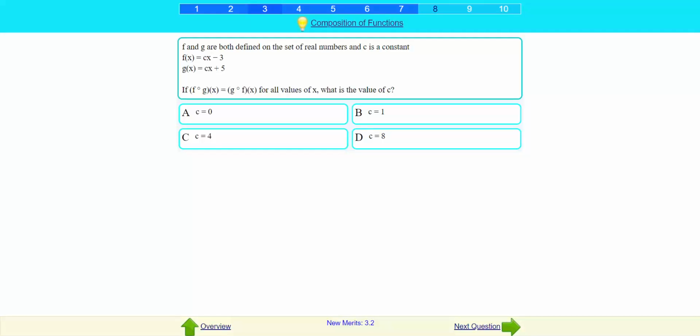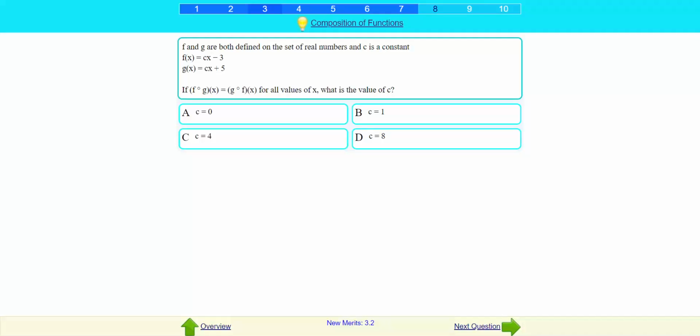So c of x applied to f of x. We know that f of x is cx minus 3. So if we apply this to the equation, it's c multiplied by cx minus 3 plus 5.